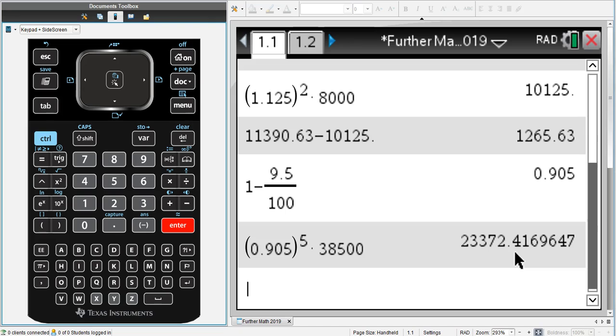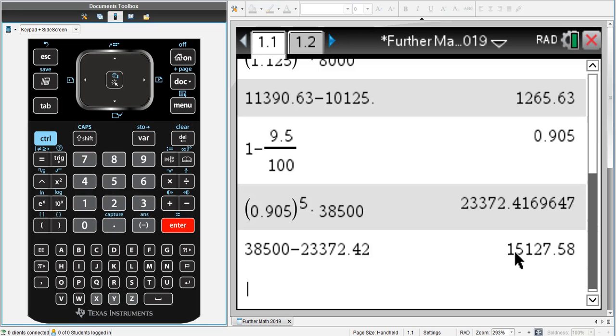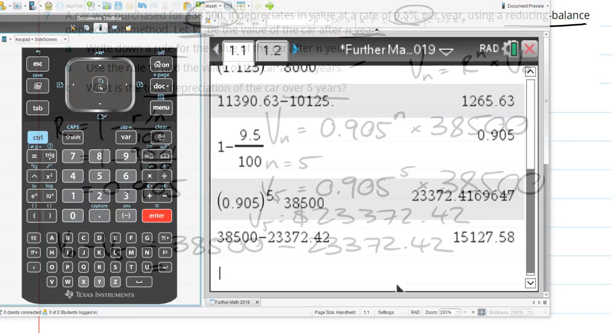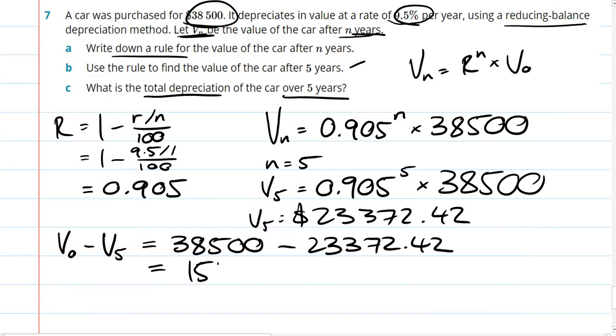Again, go to the calculator. 38,500 minus 23,372.42. So it's lost $15,127.58. Okay, that's the total depreciation.